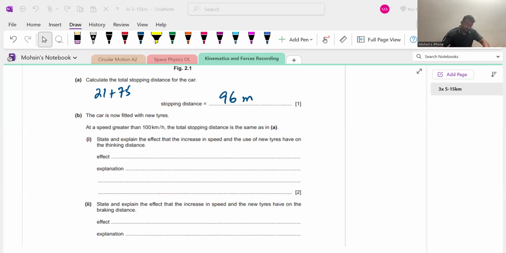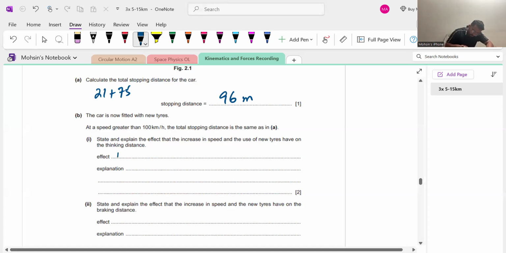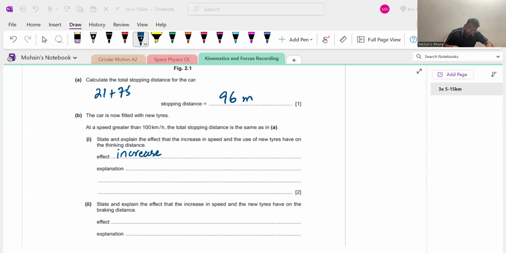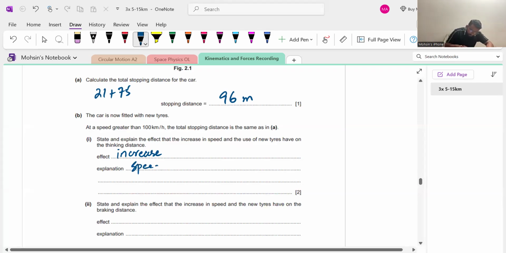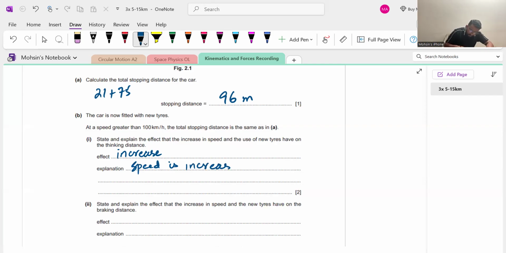So the thinking distance will increase, and the reason is that speed is increased. This is the explanation.